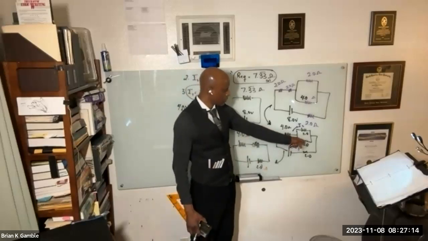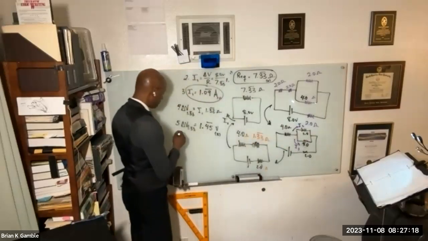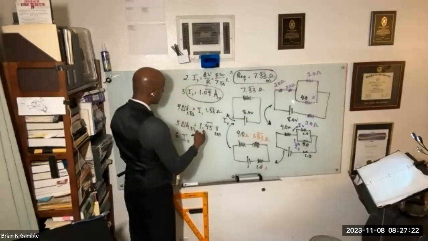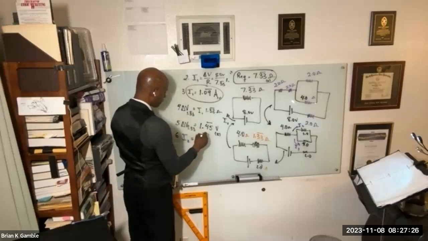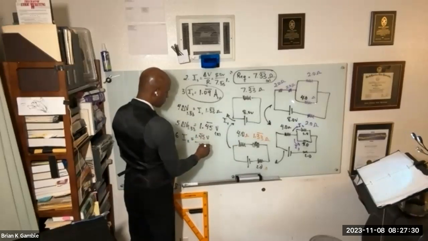So it's the same voltage on each leg. So to get I2, it's going to be equal to this voltage, 1.45 repeating, divided by 2 ohms.